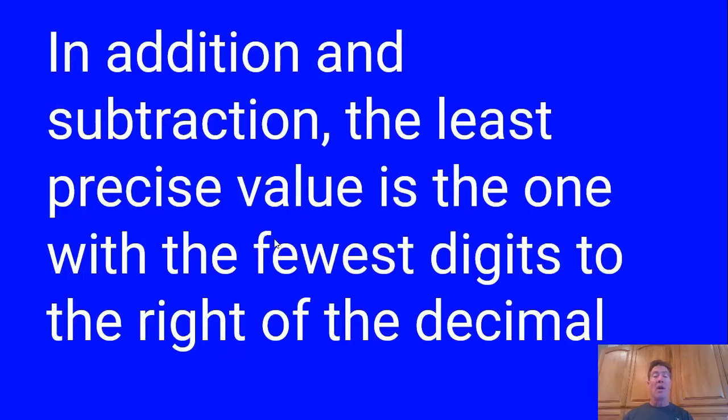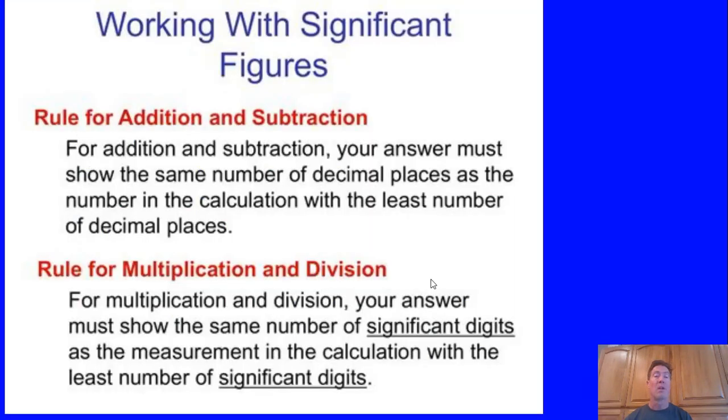So if I've got one number that goes to the nearest single digit, let's say 21, and I add it to a number that is 32.3, the 21 has the fewest digits to the right of the decimal, it has none, whereas the 32.3 has one digit to the right. So I'm limited by whichever number has the fewest digits to the right of the decimal.